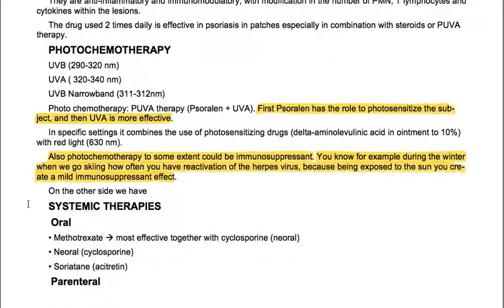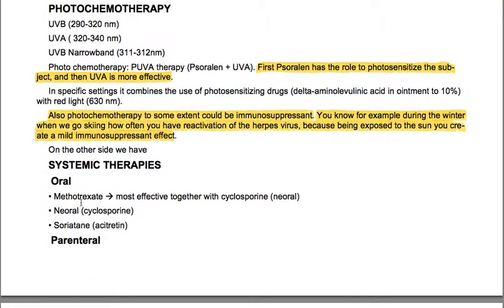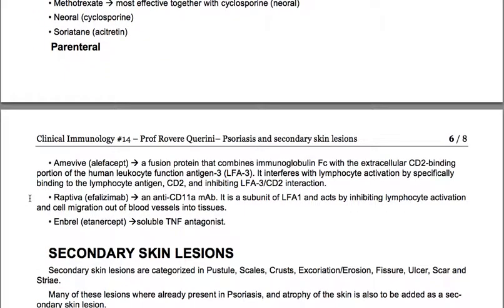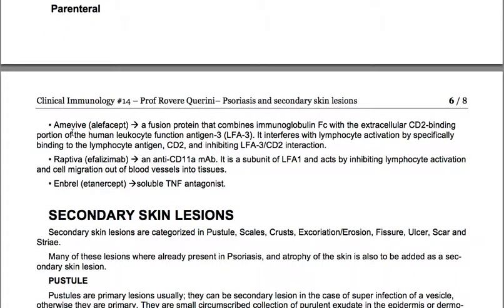On the other side, we have systemic therapies. They can be oral with methotrexate, which is most effective together with oral cyclosporine. You can also have oral acitretin, which is Soriatane. It can also be parenteral with Amevive, which is alefacept, a fusion protein that combines immunoglobulin Fc with the extracellular CD2-binding portion of the human leukocyte function antigen 3, LFA-3.